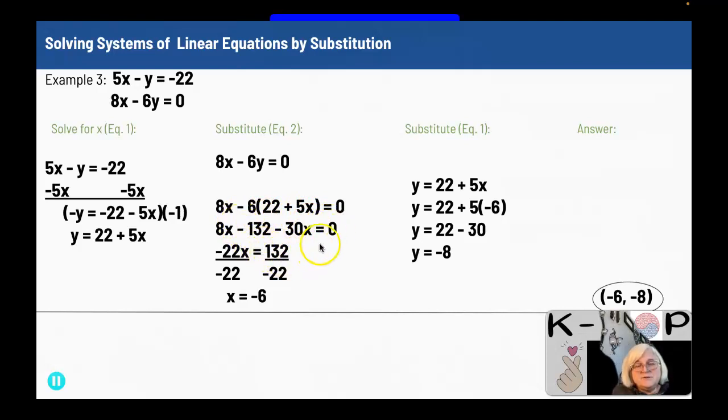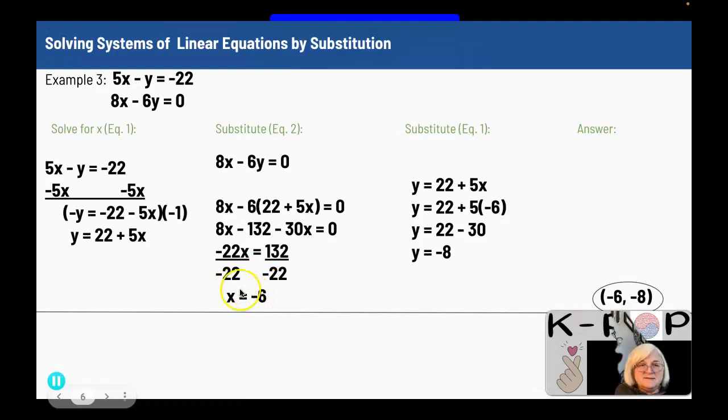I move the 132 to the other side so it becomes positive when I move it, and negative 30 and 8 give me negative 22. I divide both sides by negative 22, and x is equal to negative 6.